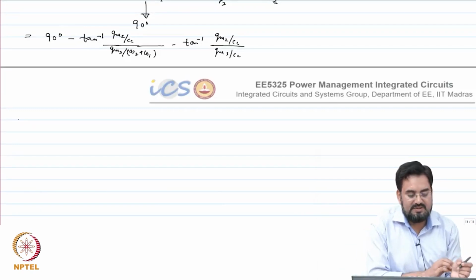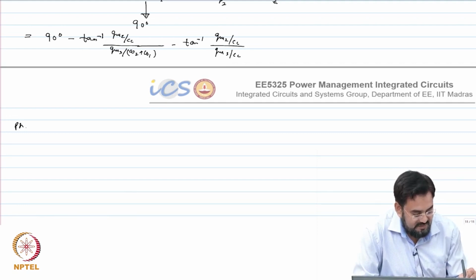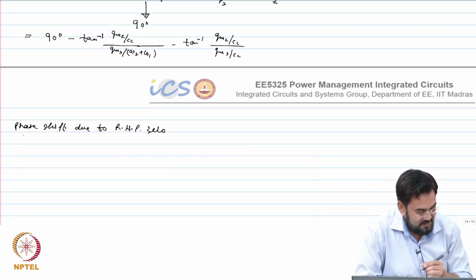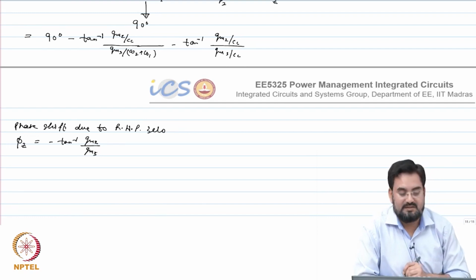So if I want to reduce the effect of the phase shift due to the right half plane 0, let us call it phi z, it is nothing but minus tan inverse GM2 by GM3.